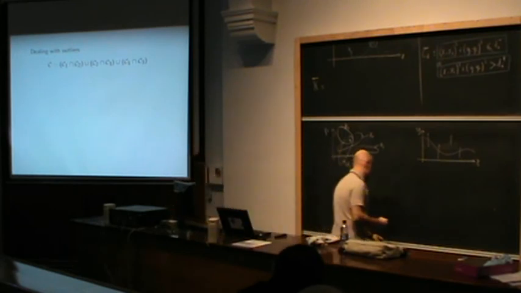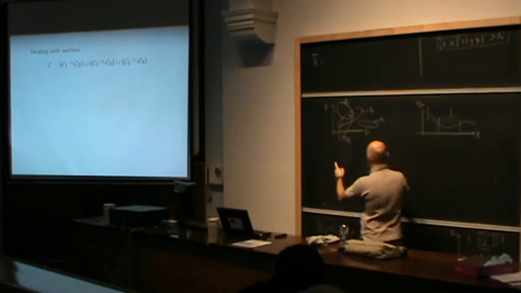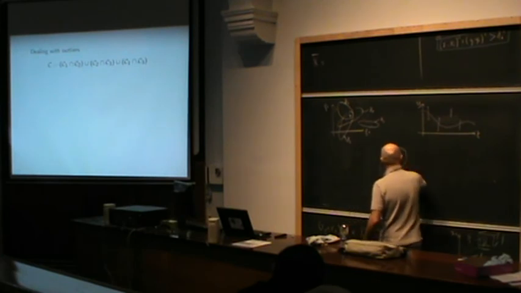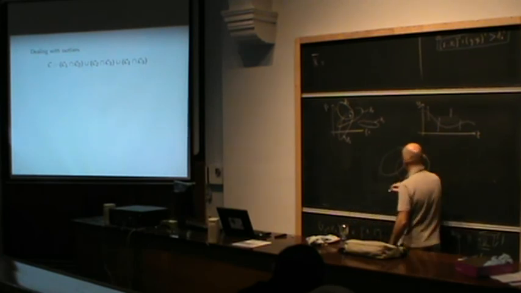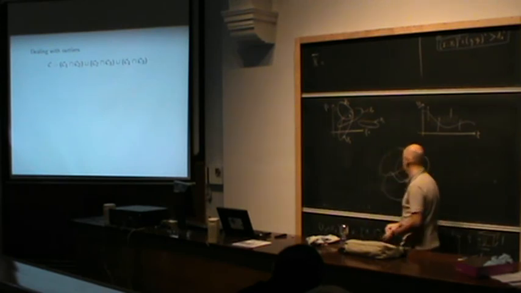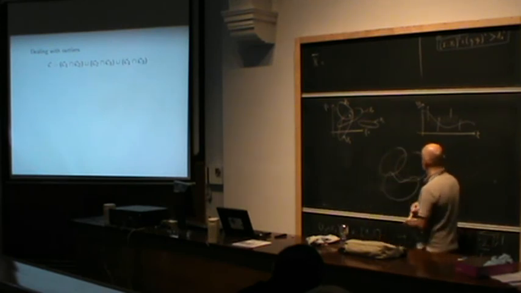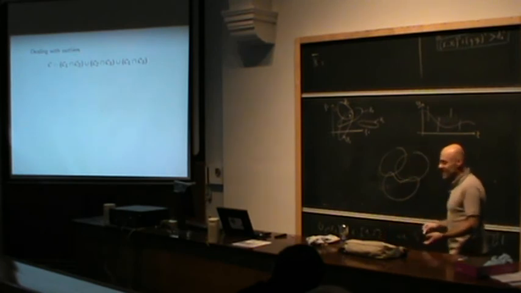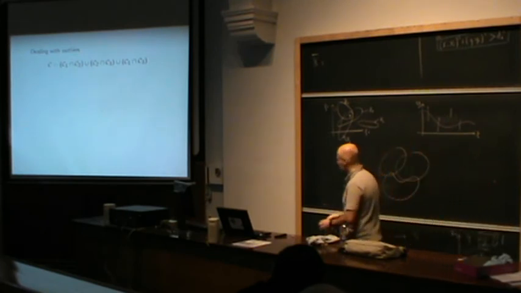So let me illustrate what is represented here. I have a set, and I have a set. The intersection of the 3 sets is empty.